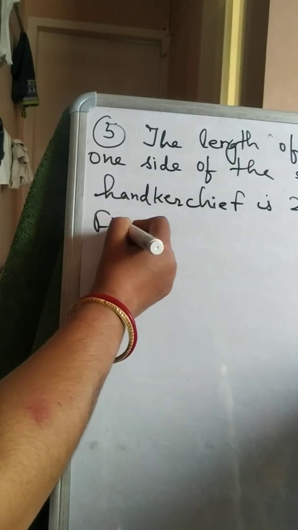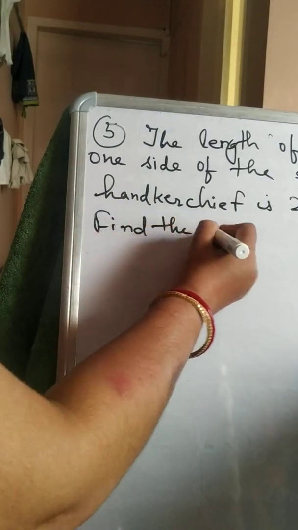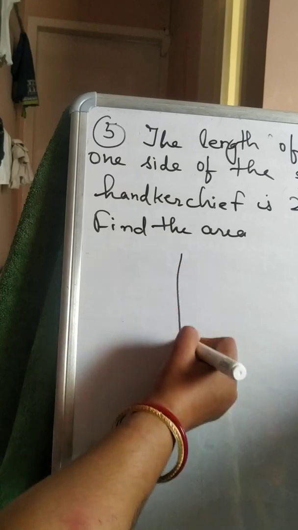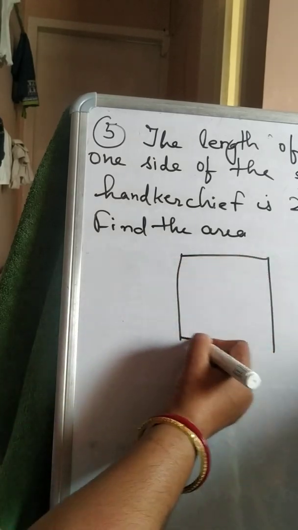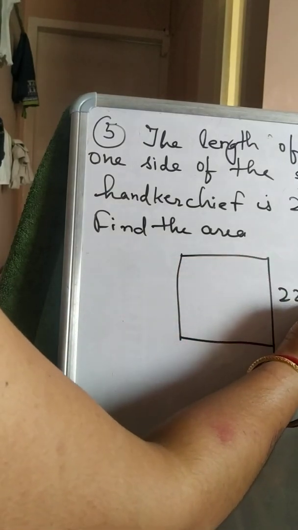Square handkerchief. Find the area. So here handkerchief is square whose side is 22 centimeter.